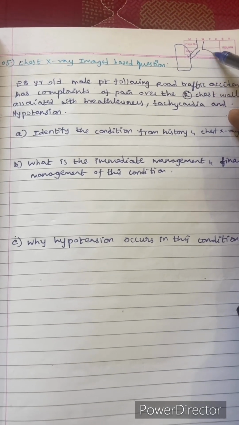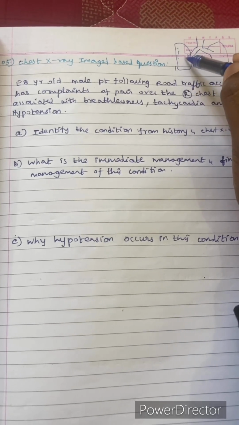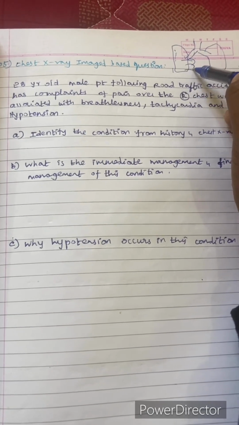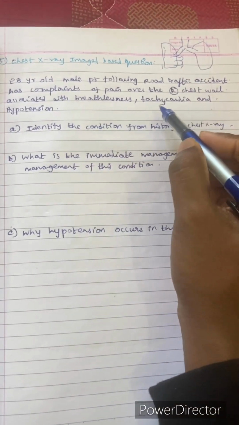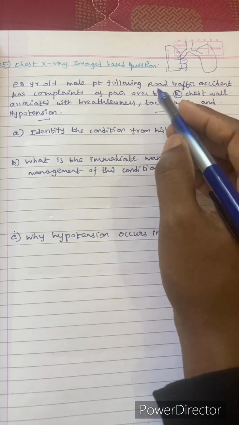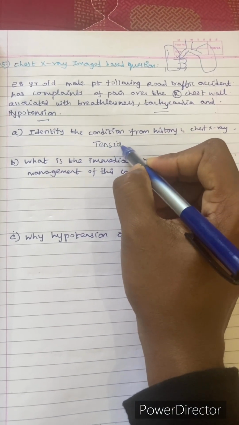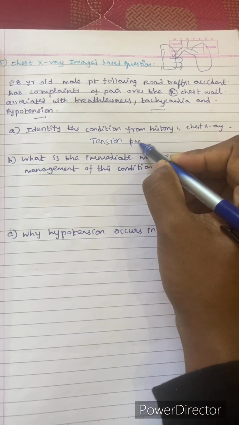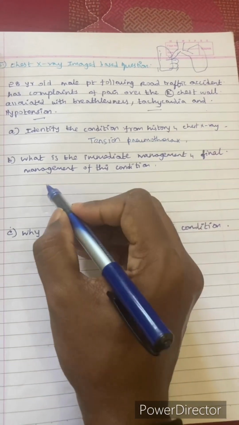They gave the X-ray image where he has a right-sided pneumothorax with mediastinal shift. So there is a mediastinal shift, and the patient is having tachycardia and hypotension. Together it constitutes a rib fracture causing pneumothorax, that is tension pneumothorax of the right hemithorax.